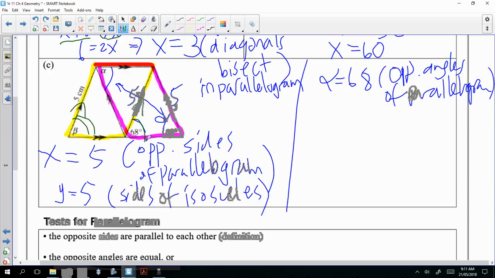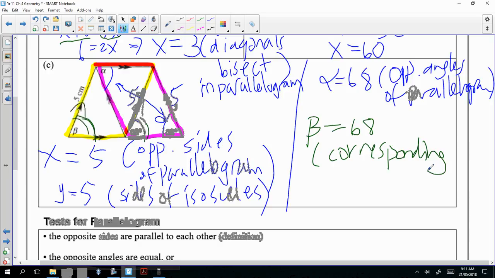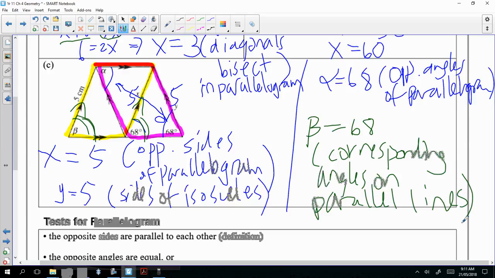So write beta equal to 68, corresponding angles. Yes, on parallel lines. You have to include the words on parallel lines. All good. So we did it.